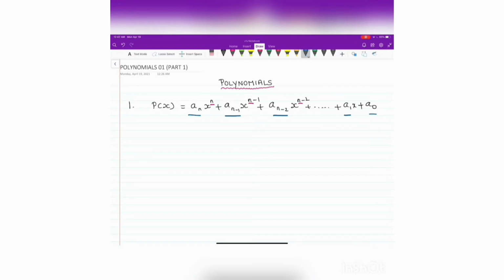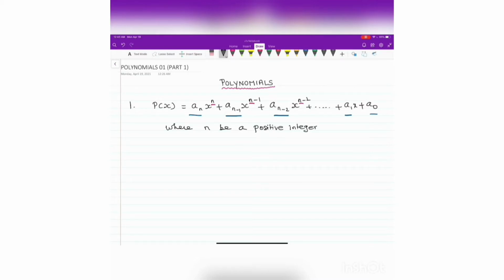You know about it. Anyway, let me make a note of these points: where n is a positive integer, then a naught, a1, a2, etc., up to an are constants.